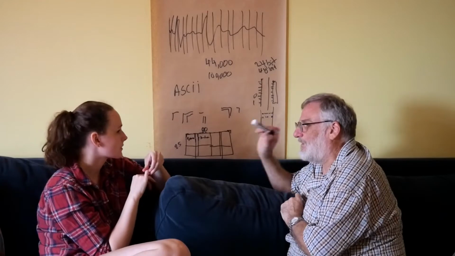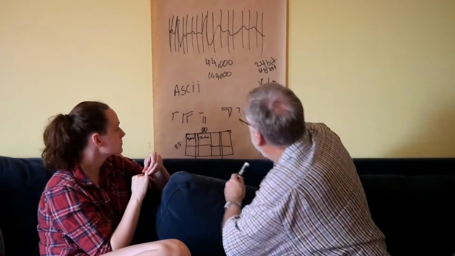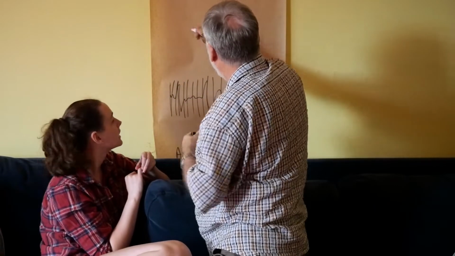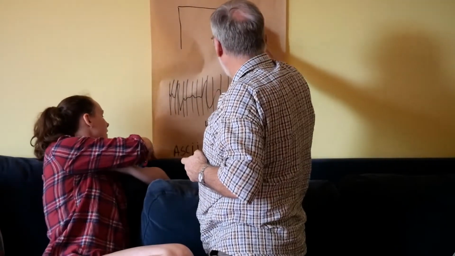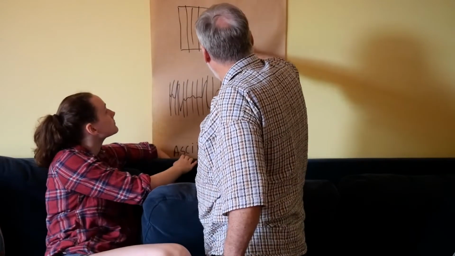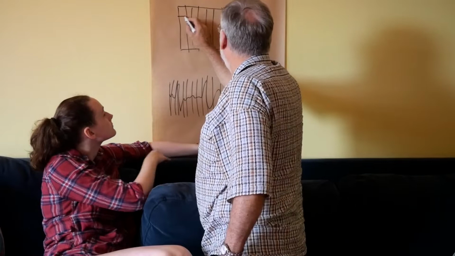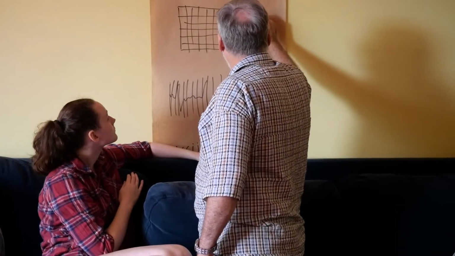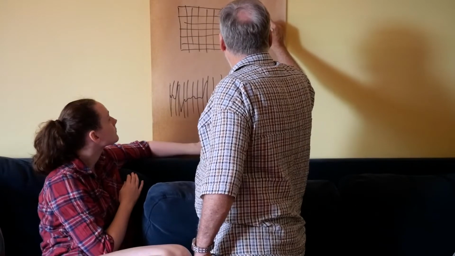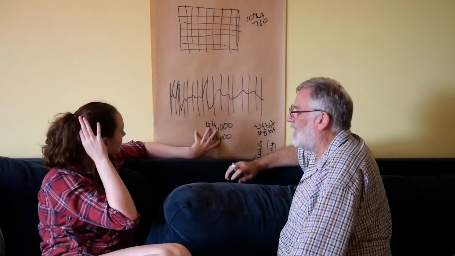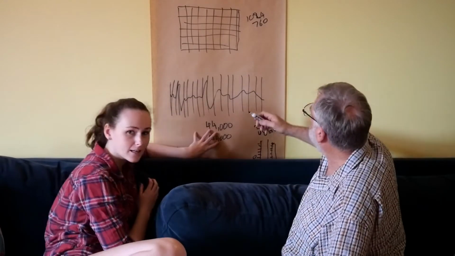Yeah, and it's the same with pictures. If you look at pixels per inch, and you have a screen here that is drawn up into a grid, whatever your screen resolution is, 1024 by 768, or 720 by 1080.